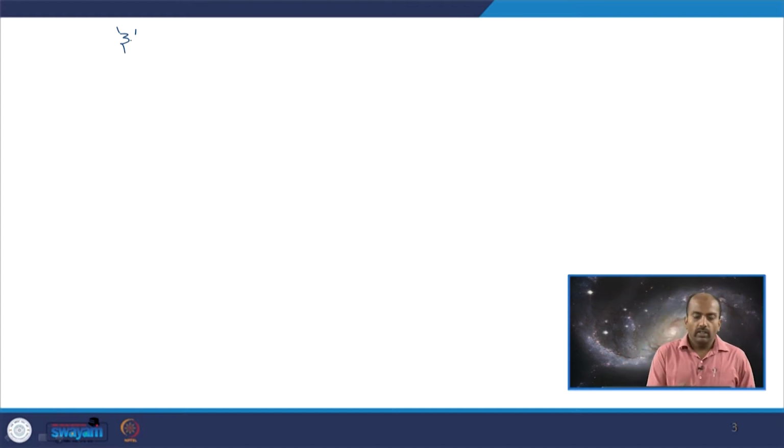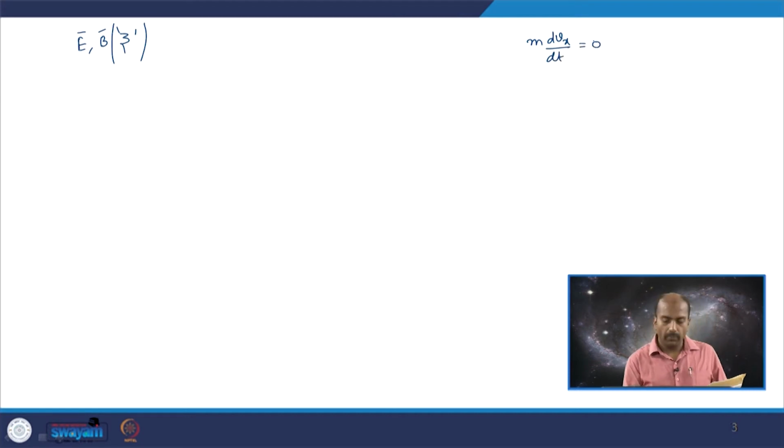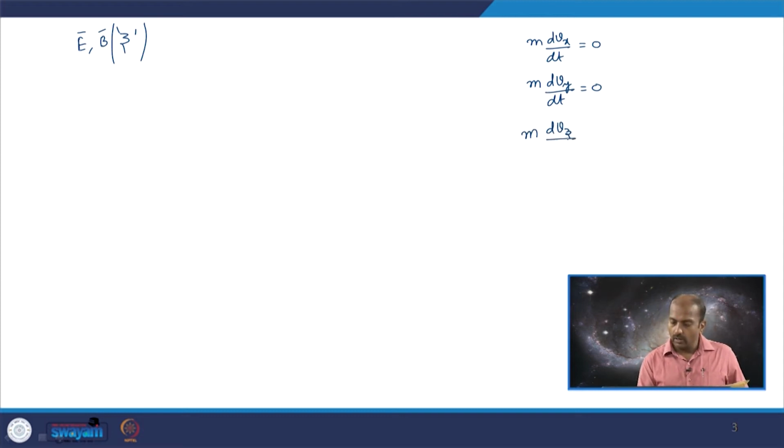When the electric field was only along the z axis, we have written the equations of motion as m dvx by dt equals 0, m dvy by dt equals 0, m dvz by dt equals q Ez.